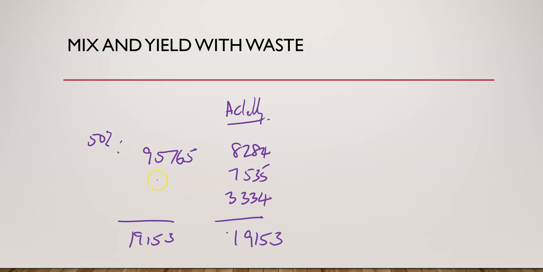Then 31.25% times 19153 should be 5985.3, which leaves us with 3591.2 for the last component, 18.75%.